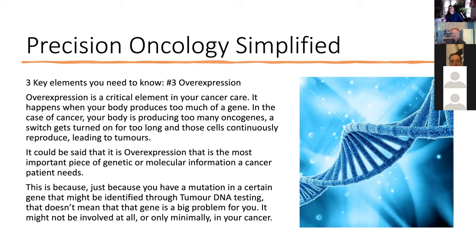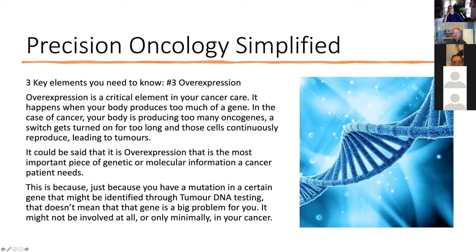Having 2 bottles of wine might feel good in the moment, but you can have a lot of side effects from that. So it's very much the same as with genes. You need the right amount at the right time, and then that gene gets turned off. Overexpression occurs in genes that are typically involved with growth and development, and the cancer cells basically turn the genes on and they stay turned on.